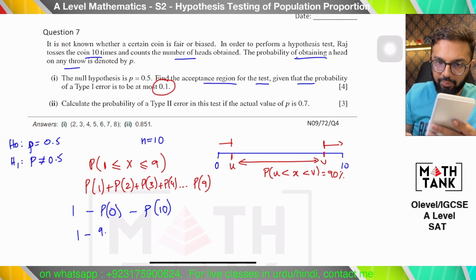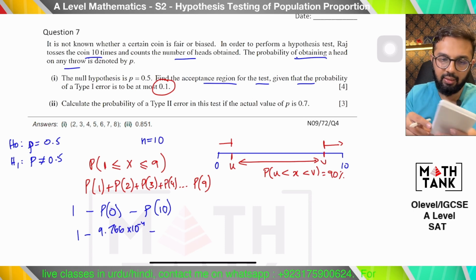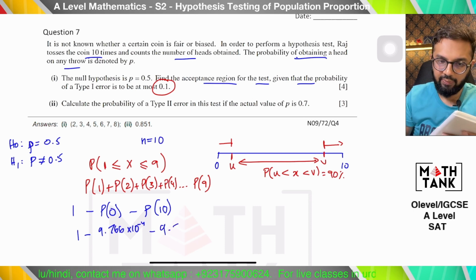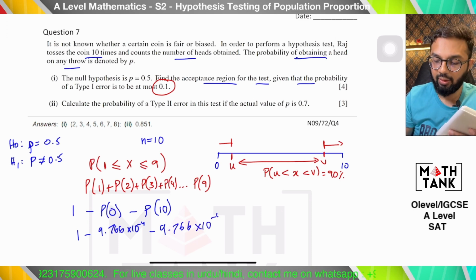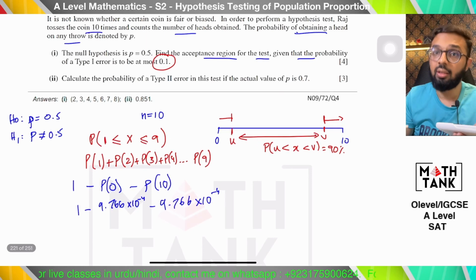I am getting 9.766 times 10 to the power minus 4, and 9.766 times 10 to the power minus 4 again. It's symmetric. That tells you something.